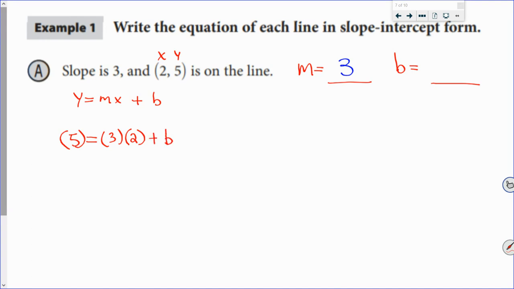And then just leave my y-intercept there as plus b and solve it for that y-intercept. So if I solve it, it's just 5 equals 2 times 3, which is 6, plus b. I already know to subtract 6 from both sides to get b by itself. And so 5 minus 6 is negative 1. So my y-intercept then is what? It's negative 1.